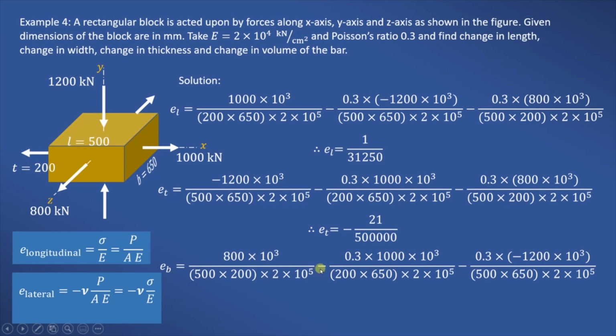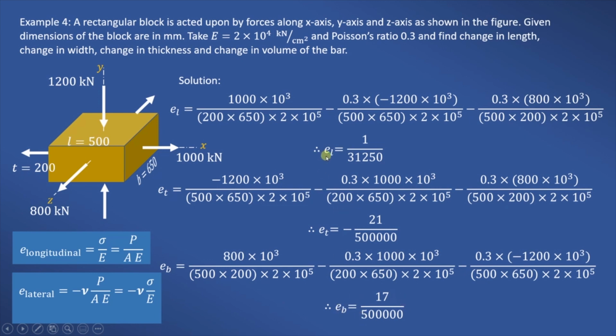So here, lateral strain is minus nu times P upon AE. This is also lateral strain, minus nu times P upon AE. But don't forget that here the load is compressive, so I have considered a negative sign here. And this is how you have found out strain in width.